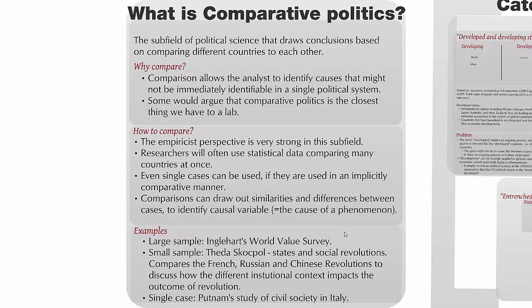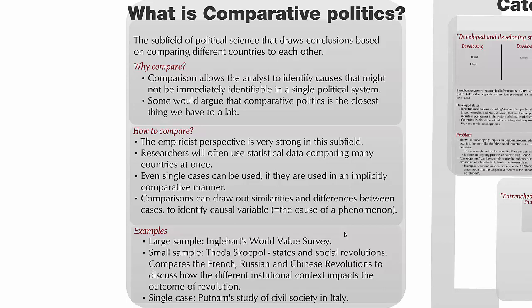A smaller sample would be Theda Skocpol's work on states and social revolutions, comparing the French, Russian, and Chinese revolutions to each other. And this is then to find the cause and effect of various different institutional contexts and how they impact the outcome of the revolution. So that's an example of trying to isolate variables.